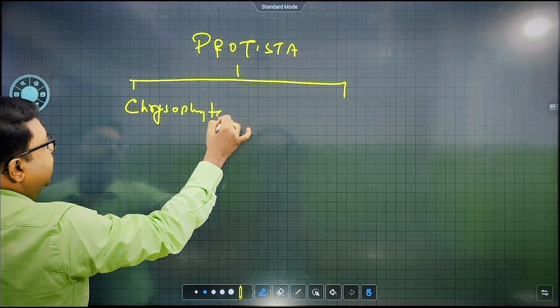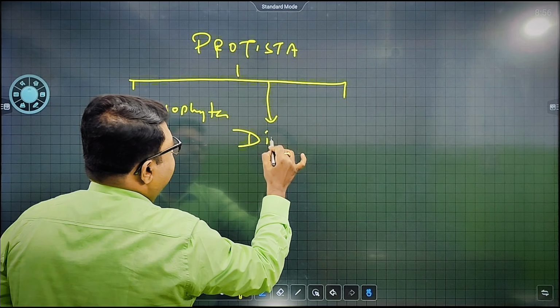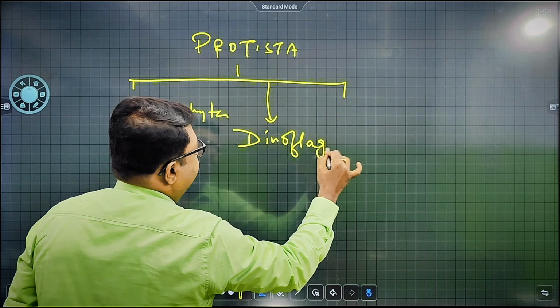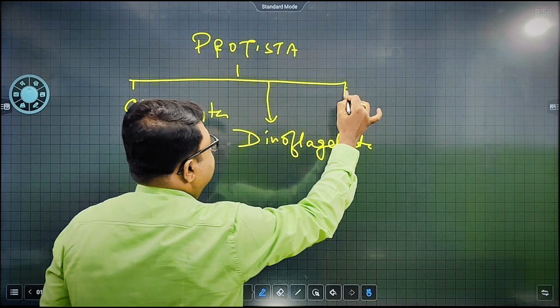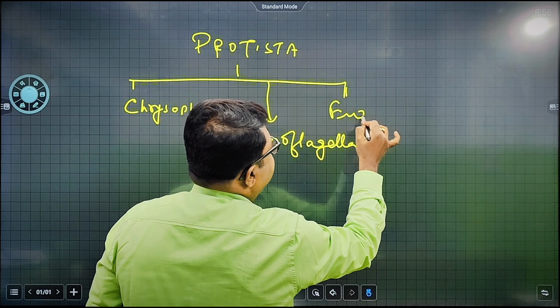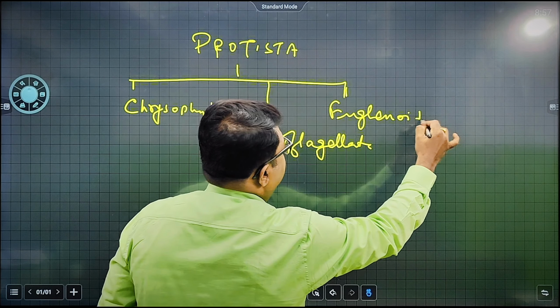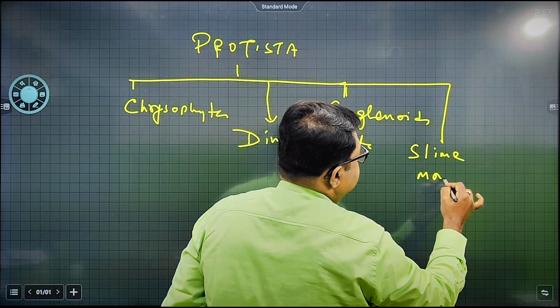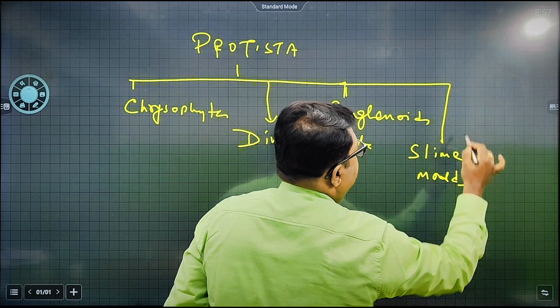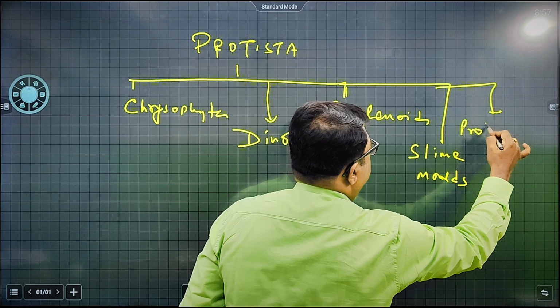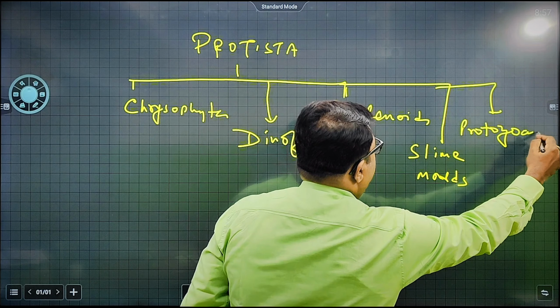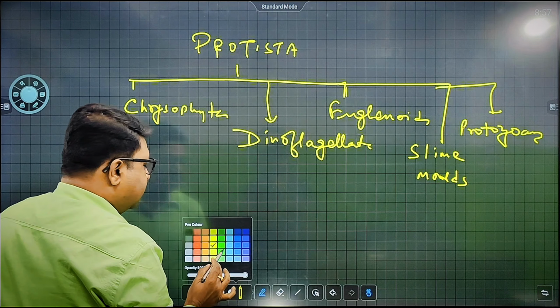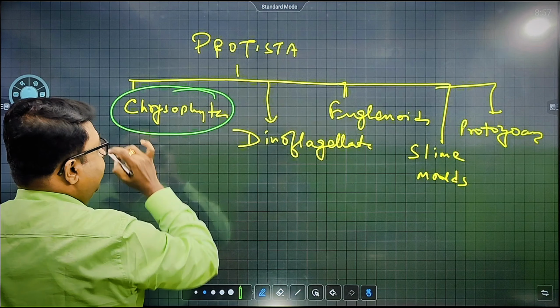The second one dinoflagellates. The third one is euglenoids. And fourth is slime molds. And the last one is protozoans.